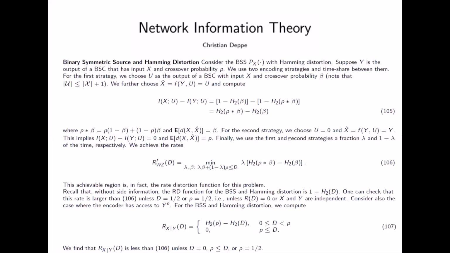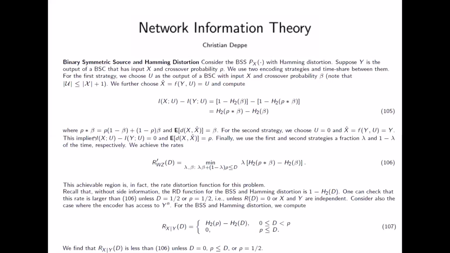Now look at the second strategy. In this case, we do it the other way around. We choose U equal 0. That means we ignore the output of the codebook, and we just use the side information. So our estimate is just equal to Y. If we now look at the mutual information between X and U, that's 0, because U is just 0, and the mutual information between Y and U is also 0.